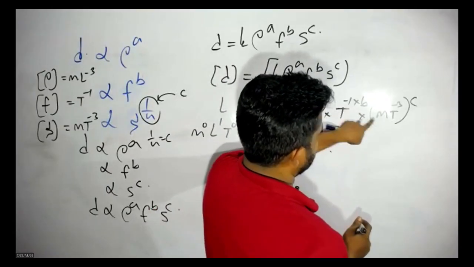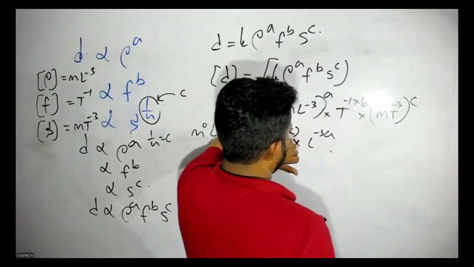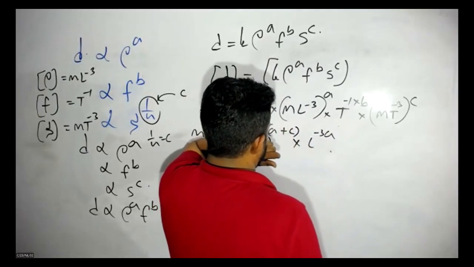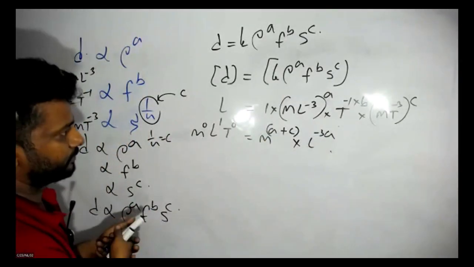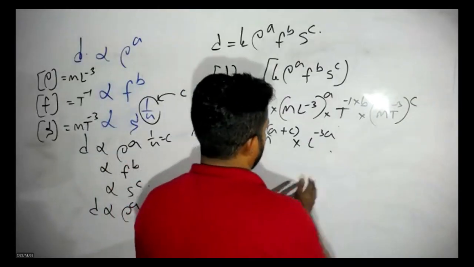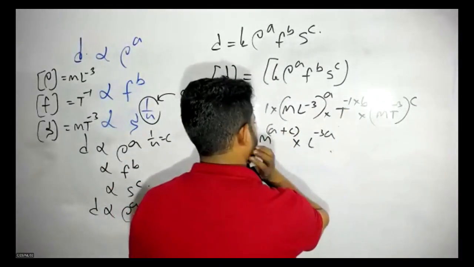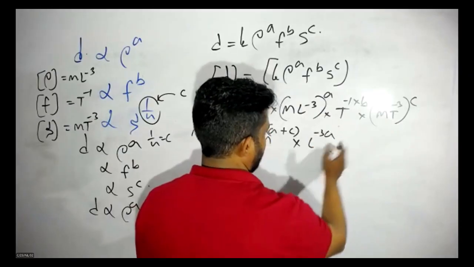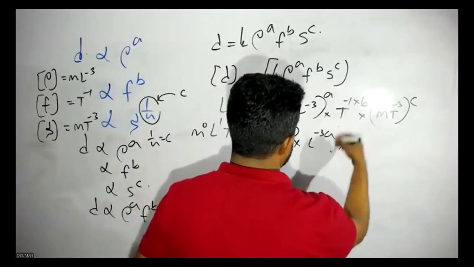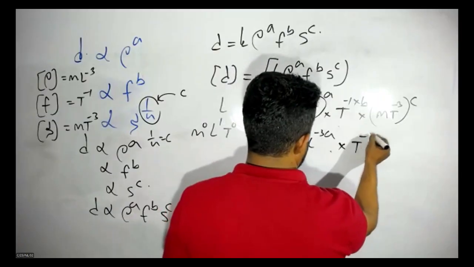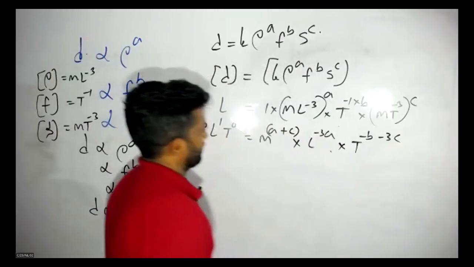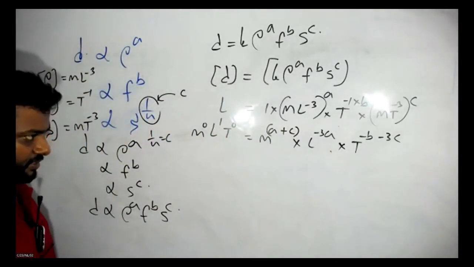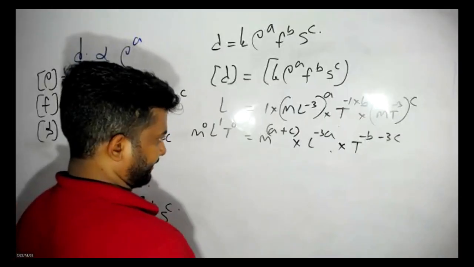There is no dimension of L on this side. Then the dimensions of capital T, minus b, minus 3c. These are the dimensions of M, L, T at the right side.